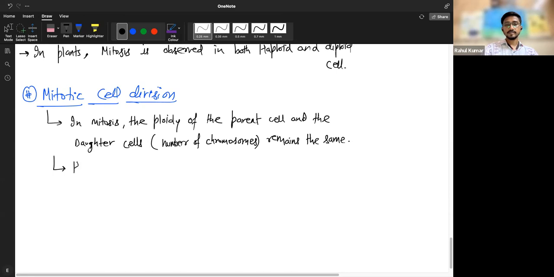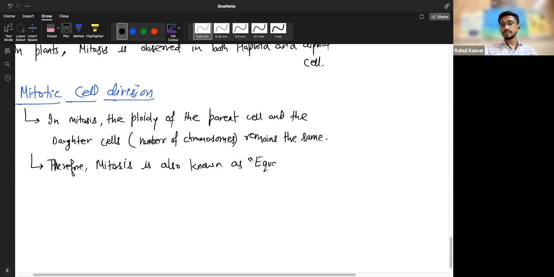Therefore, or hence, mitosis is also known as equational division. What do we mean by equational?